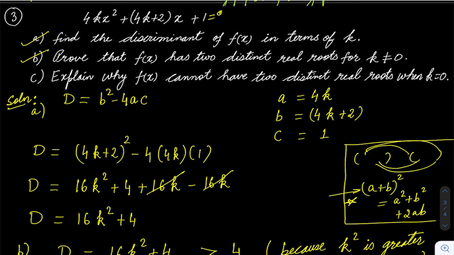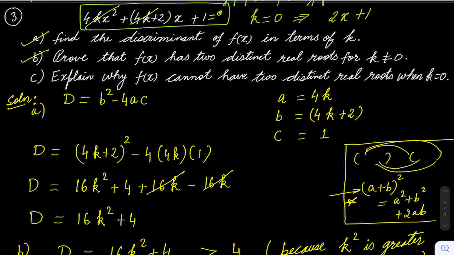Now if k is 0, what happens? My quadratic reduces to: this term will be 0 because 4 times 0 into x square is 0. And if k is 0, then 4k is also 0. So what is left now? The only thing that is left is 2x plus 1 equals 0.